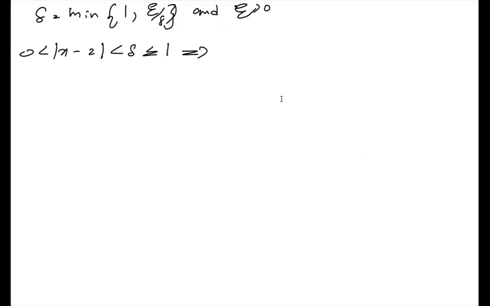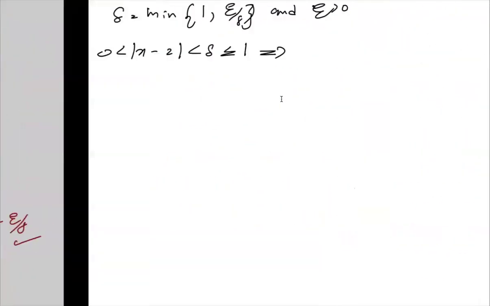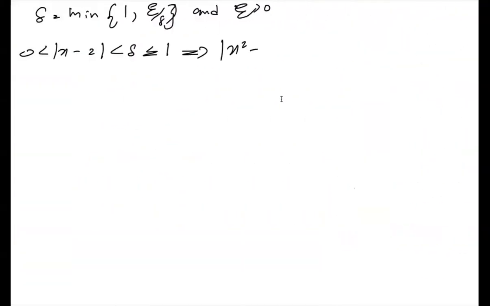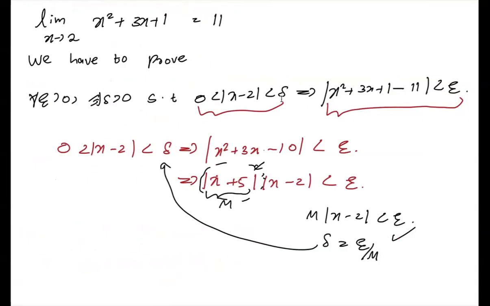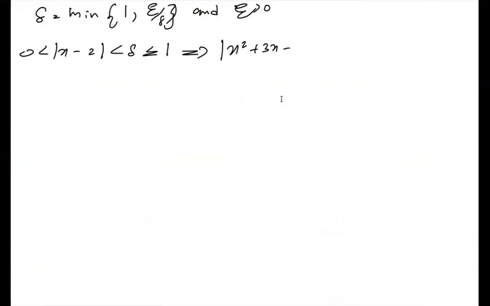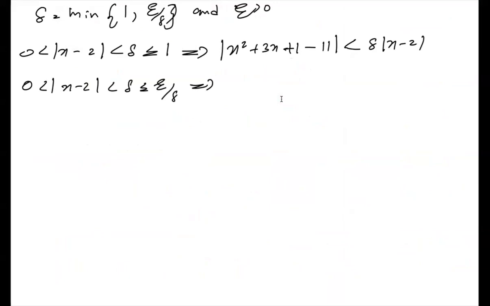This implies, from here, I know it's a bit confusing, |x squared plus 3x minus 10|, that is, |x plus 5 minus 7|, is less than 8 times |x minus 2|. And 0 less than |x minus 2| less than delta less than or equal to epsilon over 8 implies 8 times |x minus 2| less than epsilon.